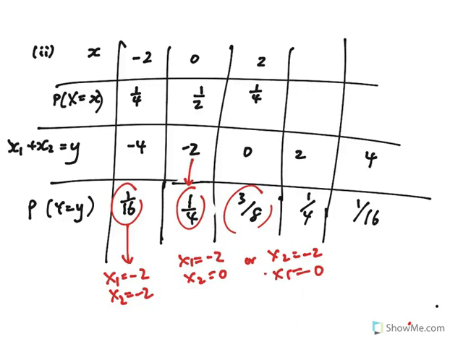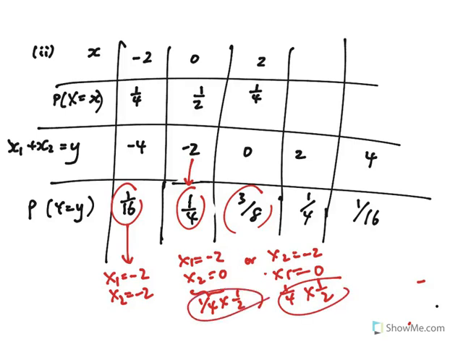So what's this? This is just 1 quarter times half, and 1 quarter times half as well, correct? And then summed to give 1 quarter.